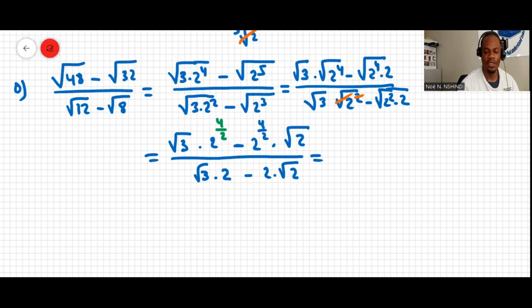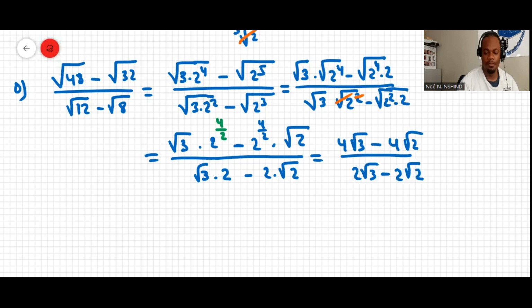Now, what is this? 2 to the power of 4 over 2 will make 2 to the power of 2, which is 4. I can write here 4 roots 3 minus, that also makes 4 roots 2, over 2 roots 3 minus 2 roots 2.